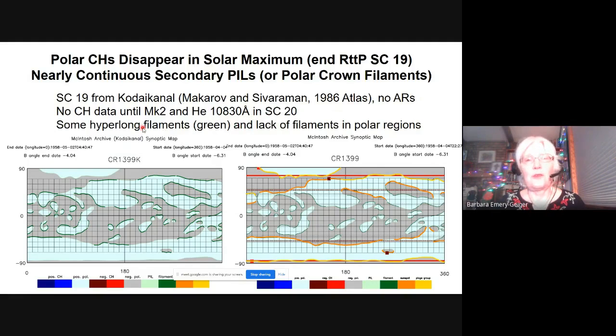Some of the things we find in solar cycle 19 are hyperlong filaments. The filaments are these green segments, and they're a little hyperlong for this. And often we don't see any at the very highest filaments or highest pills, even though when we check back using Meudon data, Bob McFadden and Ian found them.